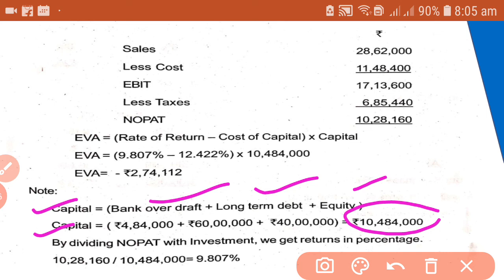Then by dividing NOPAT by the investment, we will get the rate of return percentage, which is 9.807. This is the method used for calculating EVA here.